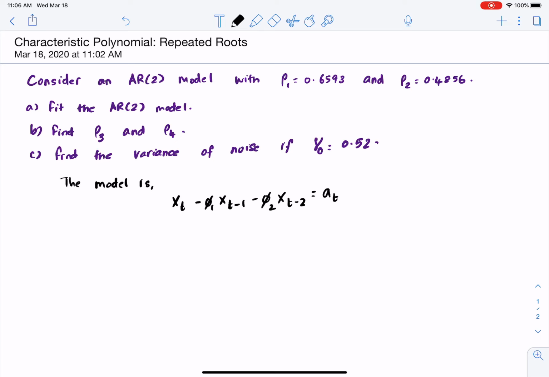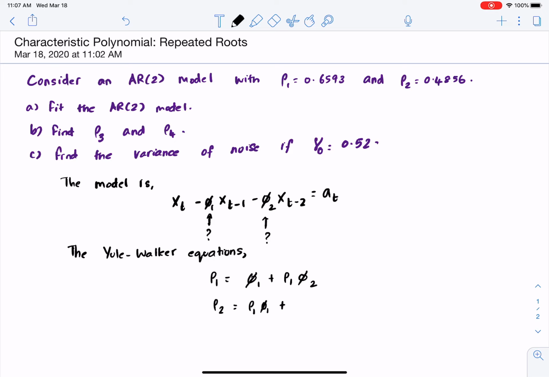So we'd like to find phi1 and phi2 first. The Yule-Walker equations are rho 1 equals phi1 plus rho 1 phi2, and rho 2 equals rho 1 phi1 plus phi2.